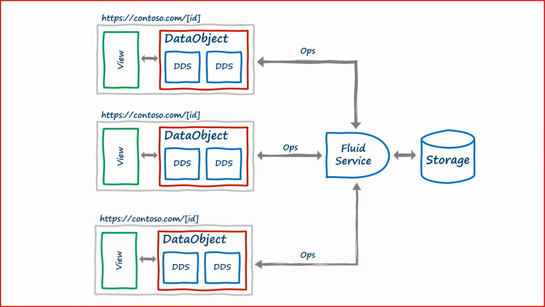And they would be doing these DDS get and set operations that send the ops up to the Fluid service. And then that kind of magically distributes these, stamps them with an order, and eventually all of our different clients would be in sync. Now, of course, we're only showing 3 here. This could scale out to many, many more if we needed to. Now, these are the things we're going to focus on in just a moment when we get into the demo. But before we do that, let me switch over to Nick, and he's going to provide some more specifics about how all this works.